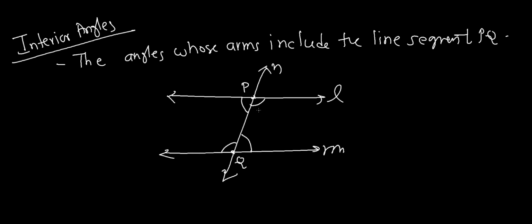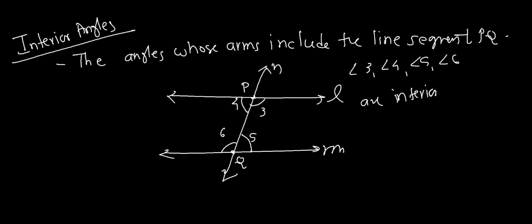So 1, 2, 3, 4, and this is 5, 6. So angle 3, angle 4, angle 5 and angle 6 are interior angles, as they include line segment PQ as one of the arms of that angle.